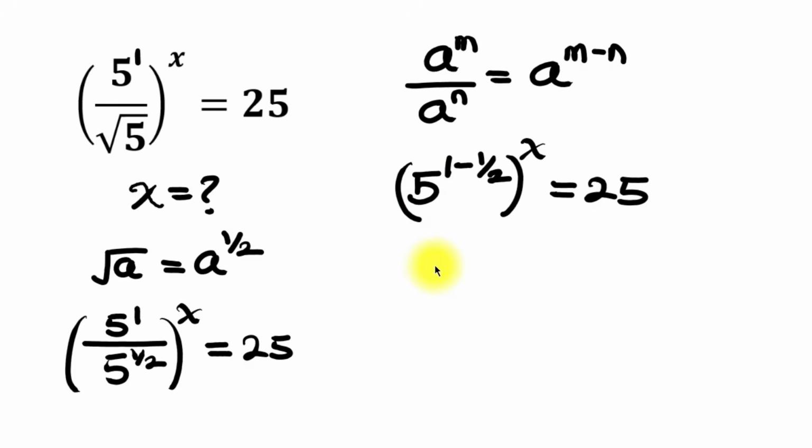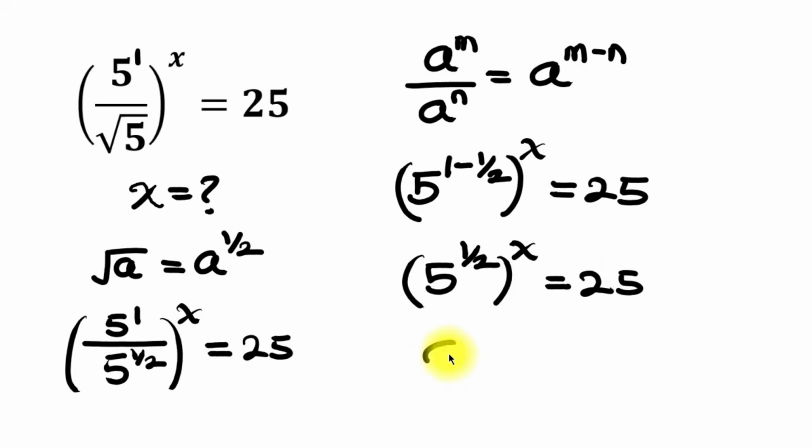Now this is 5, which is the base. And then 1 minus half is half. Very good. And this is raised to the power of x. This is equal to 25. Very good. Now let's apply this property of indices.